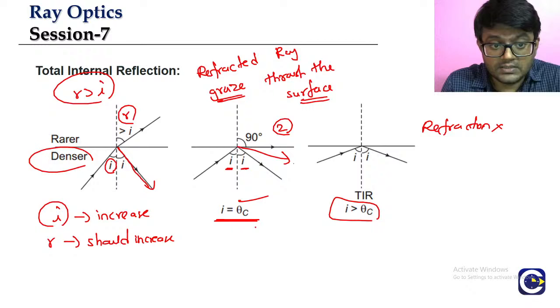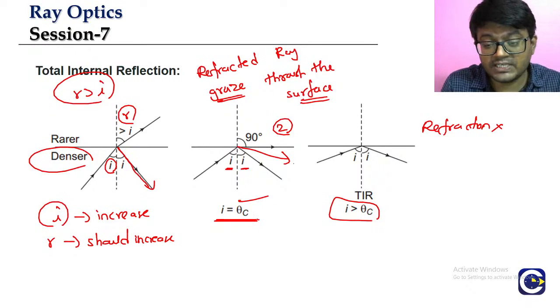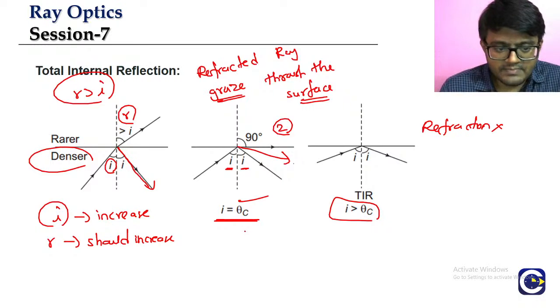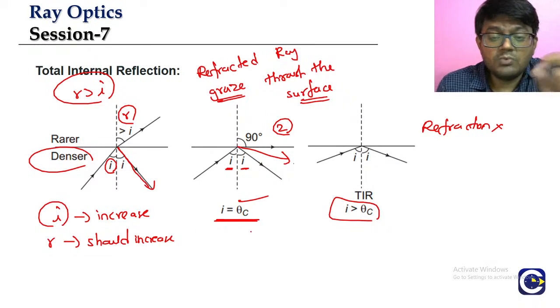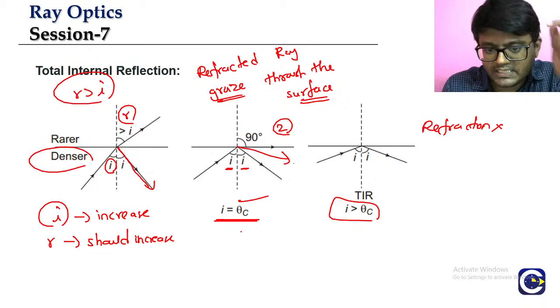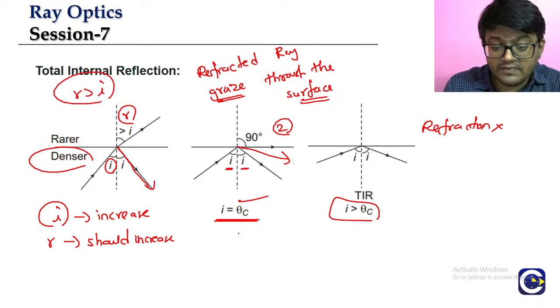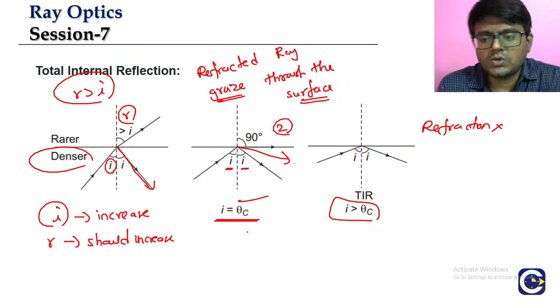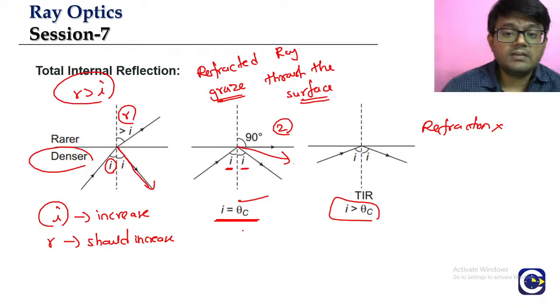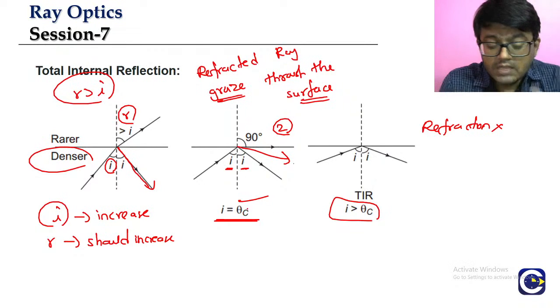The phenomenon of total internal reflection will not be there when we are incidenting a ray from rarer medium to denser medium. This is only when we are incidenting the ray from denser medium to rarer medium. In that case, if the angle of incidence is more than the critical angle, then we will have total internal reflection. This is something that will be used in certain applications also.